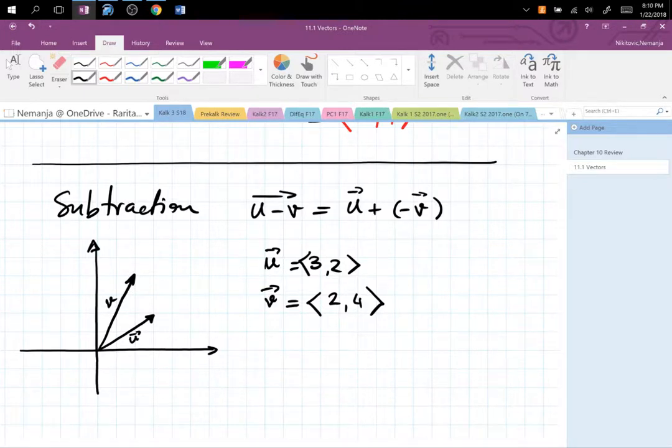The way we do this is we first create negative v, which has coordinates -2, -4. Then we will go to the tail of u and work -2, -4.